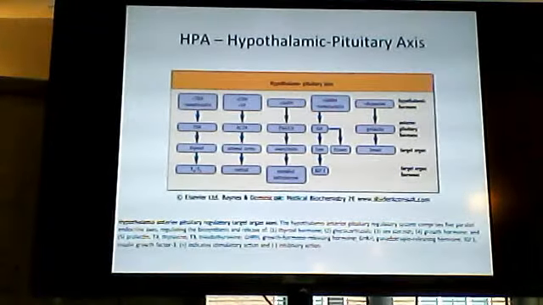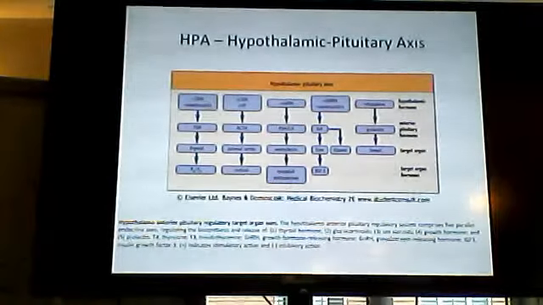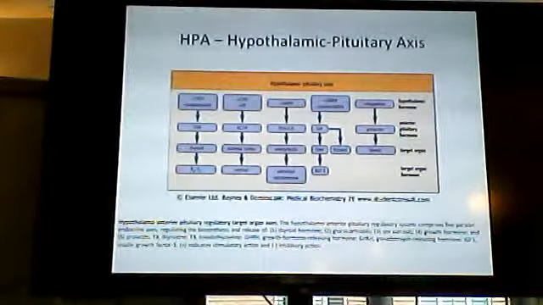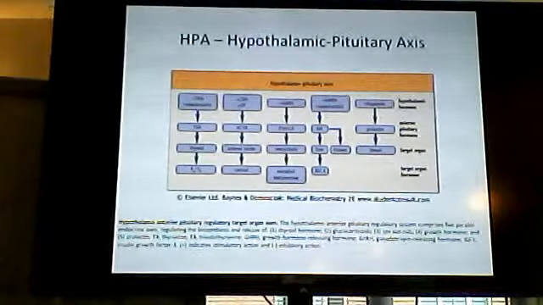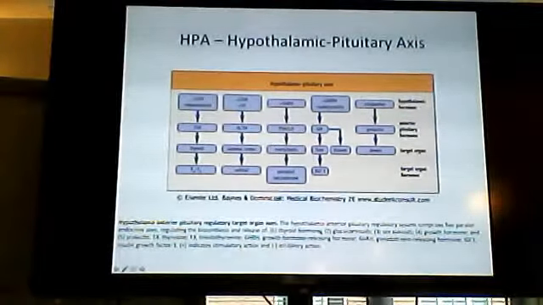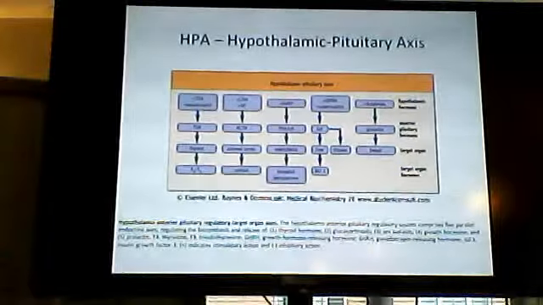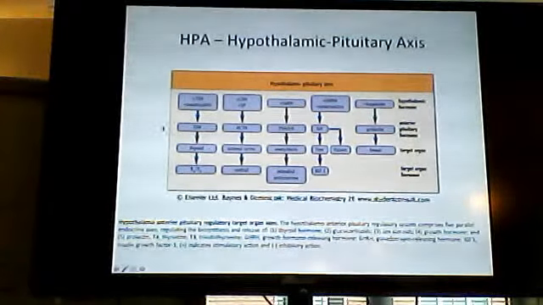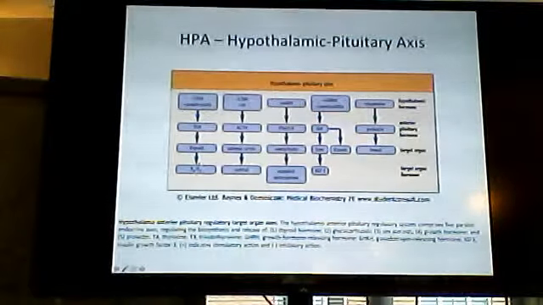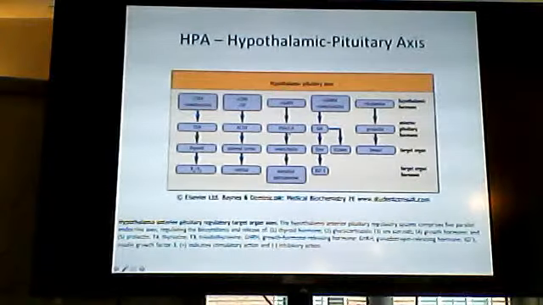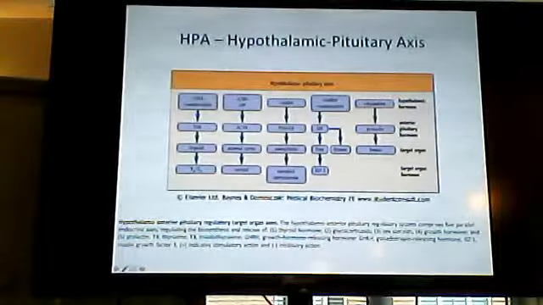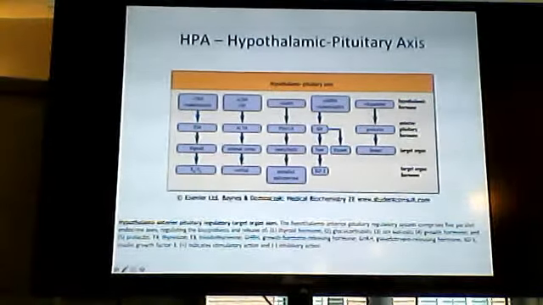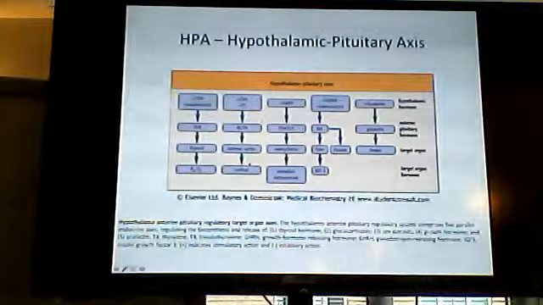So with the HPA, you have the primary signal from the hypothalamus telling a specific target organ, you need to secrete your hormone. So TSH, thyroid stimulating hormone, stimulates the thyroid to make T3 and T4, thyroid hormone. ACTH, adrenocorticotropic hormone, will tell the adrenal cortex to release cortisol, for example.